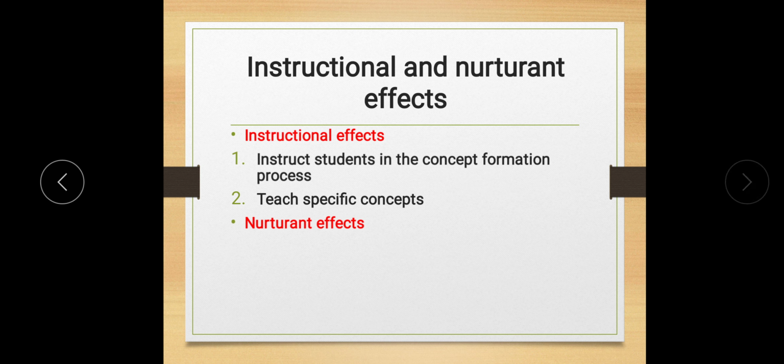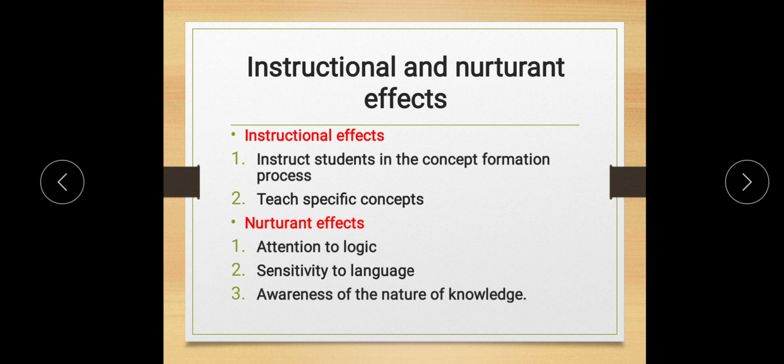And nurturant effects are attention to logic, sensitivity to language, and awareness of the nature of knowledge. So this would be the same as a few points that we discussed at the beginning of this slide. Here the students learn to form the concept. It helps the teacher to teach specific concepts. So this is an instructional effect, a benefit to the teacher.